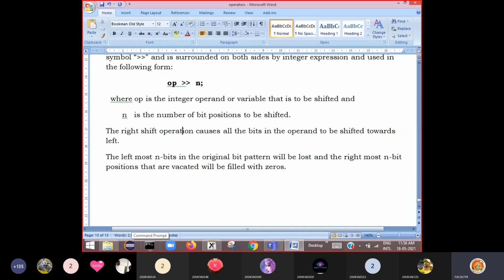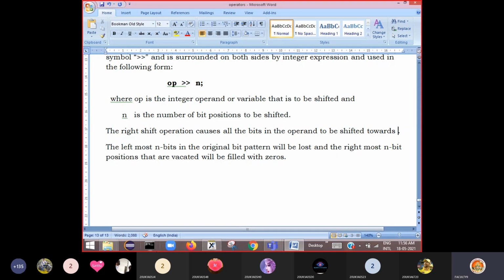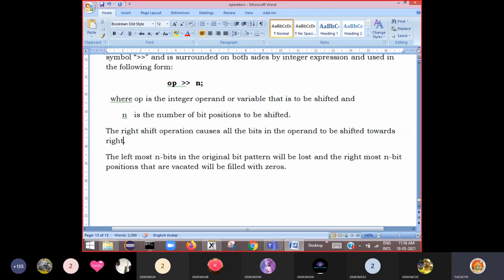The right shift operation causes all the bits in the operand to be shifted towards right. All the bits will be moved towards right.